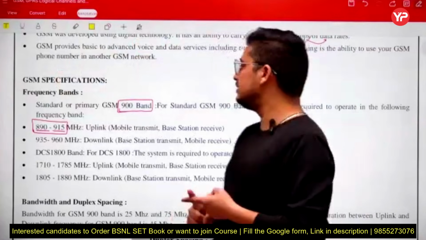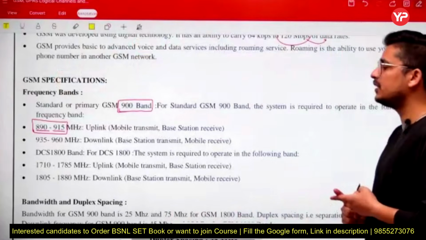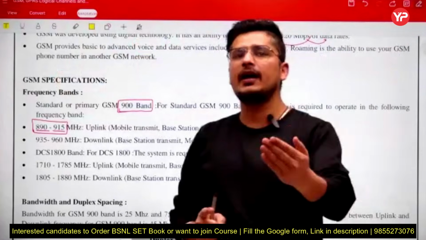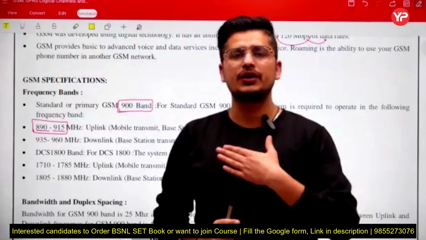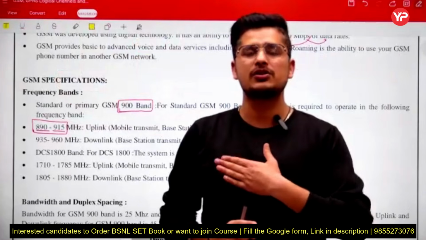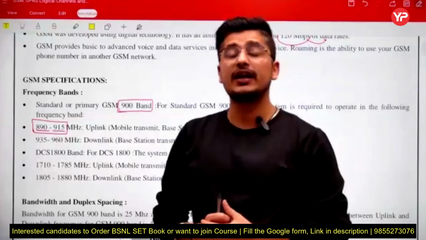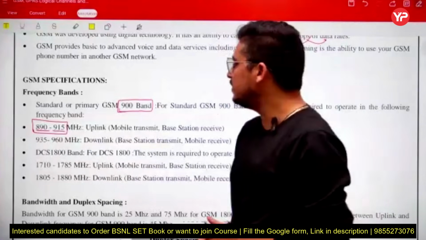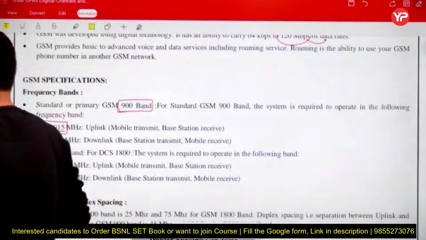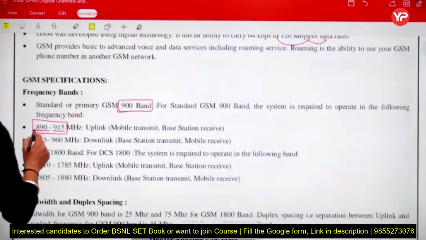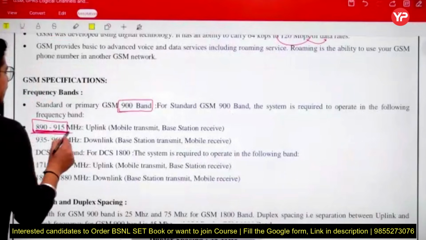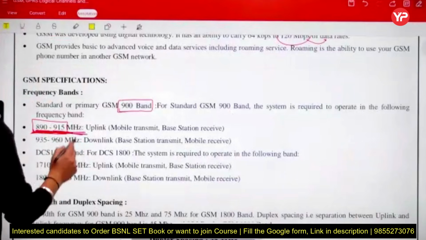So in this GSM there are two things: uplink and downlink. Uplink means whenever we are transmitting the information from the mobile user to the base station. So in GSM, the uplink frequency is 890 to 1915 megahertz, right?